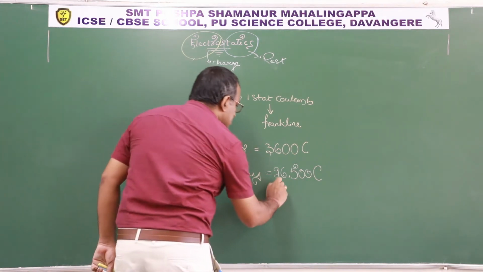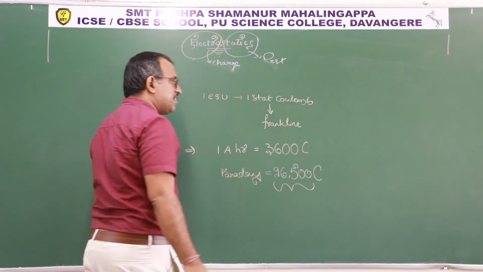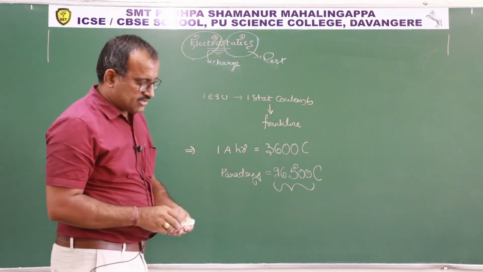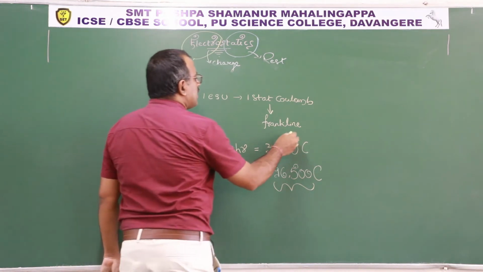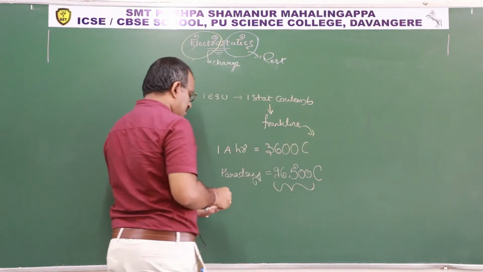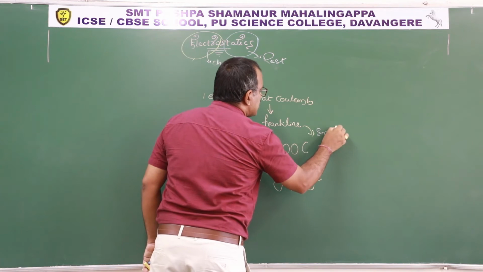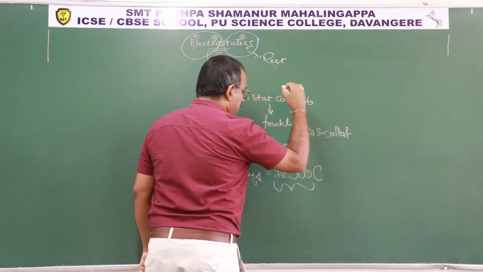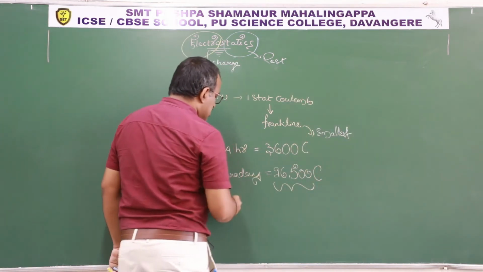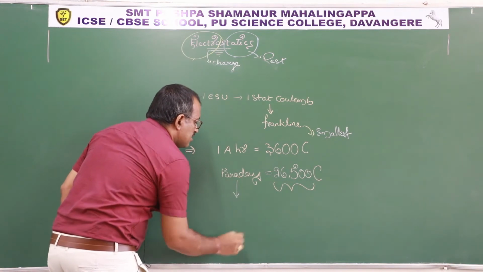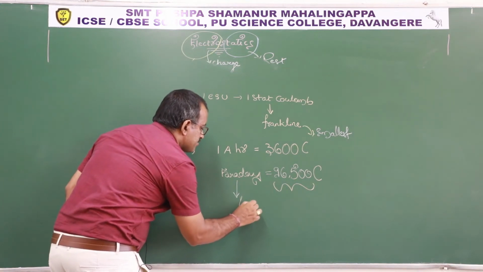So this was the biggest unit. Whereas Franklin, as I discussed, is the smallest unit, and this Faraday is the largest unit.